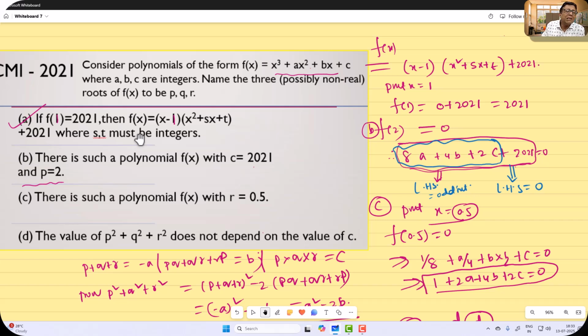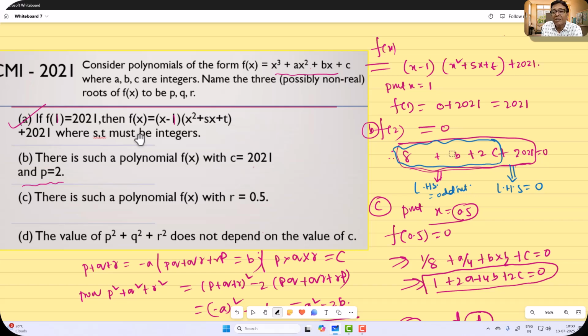p equal to 2 means that root f(2) must be 0. Now put x equal to 2 over there. It is coming 8a, 4b, just a minute, I made a mistake over there, no one pointed out.